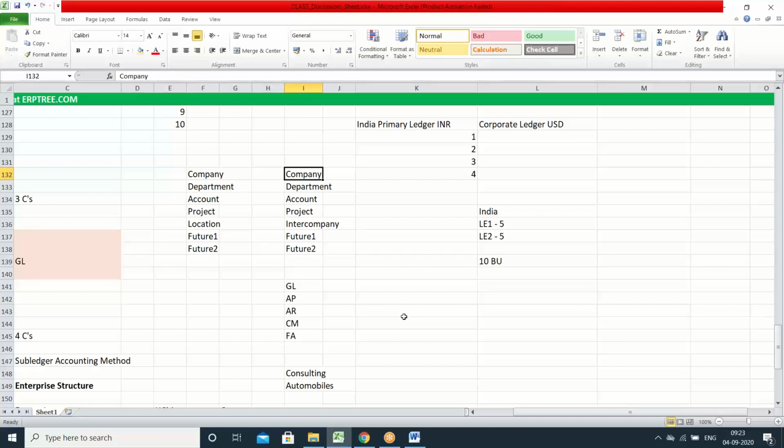Always company is the primary. We always record which company the transaction belongs to. Within the company, which department, which account, which project, etc. If you want to track any other details, you can select those. But the very primary element is which company the transaction belongs to. So that is the one segment you have to finalize as the primary segment.